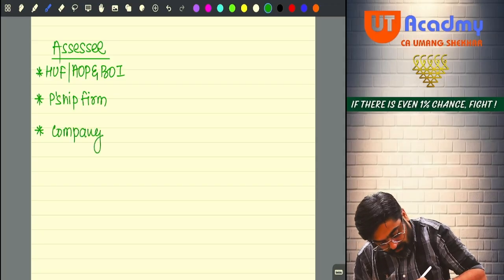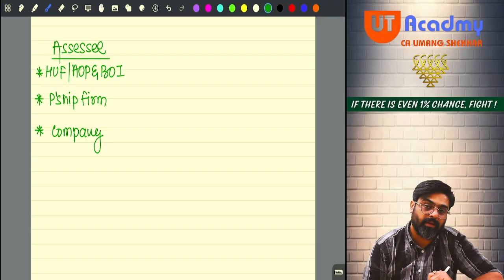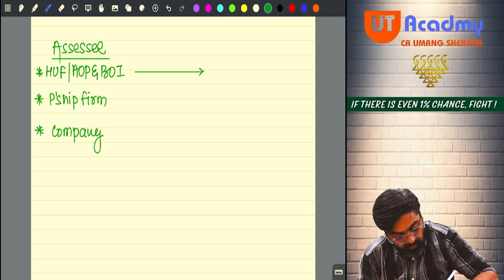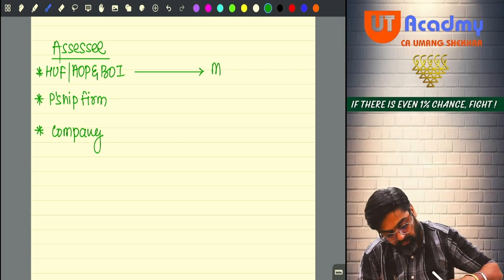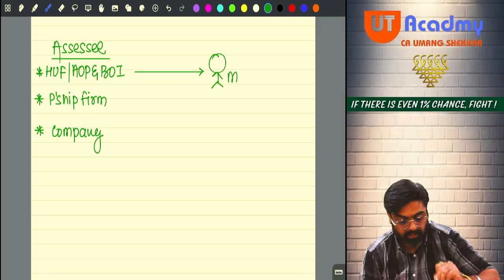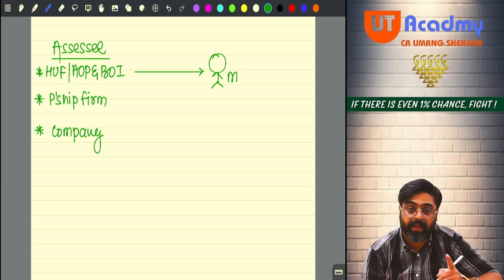Now, if these types of assessees also make payment, to whom can the payment be made? See, an HUF, AOP, BOI making the payment to any of its members. This is a member. Member of the HUF, member of the AOP, BOI.